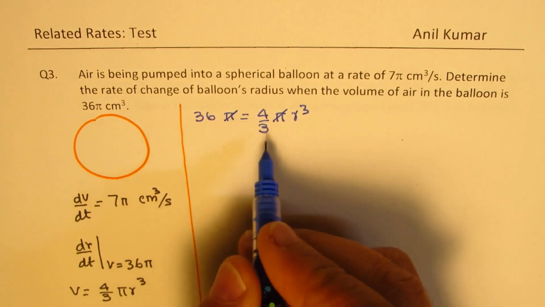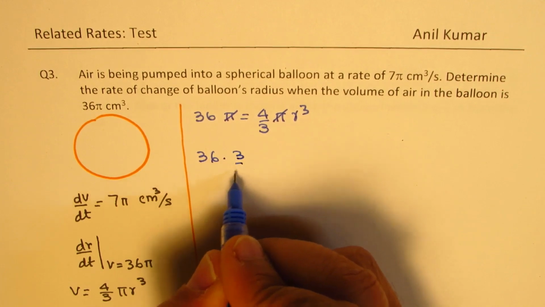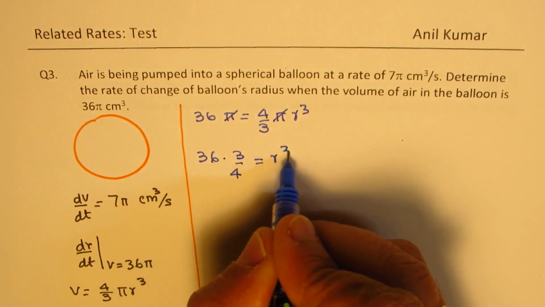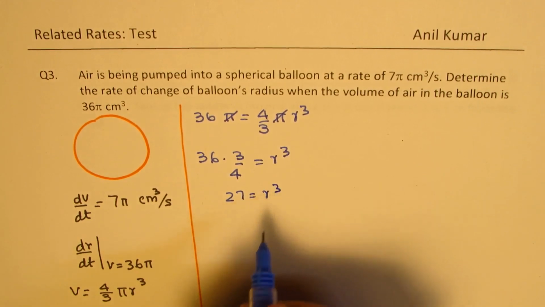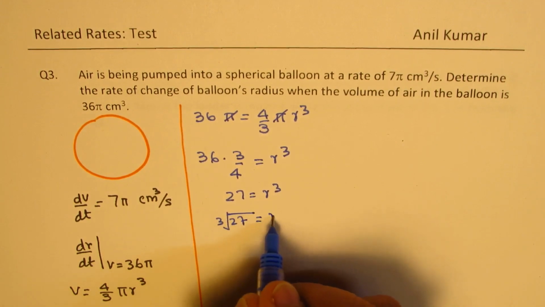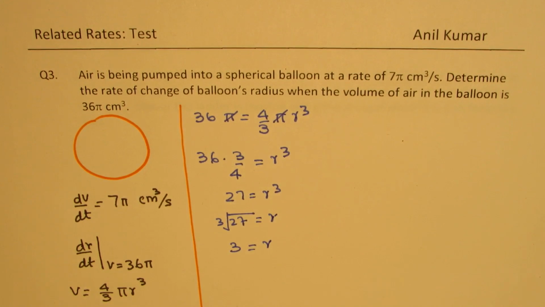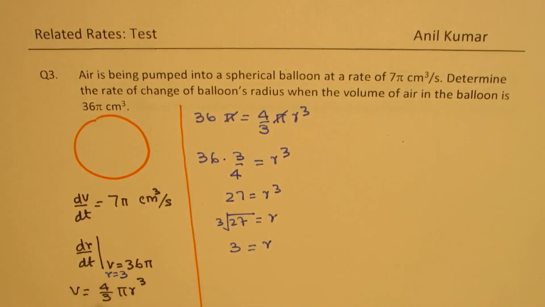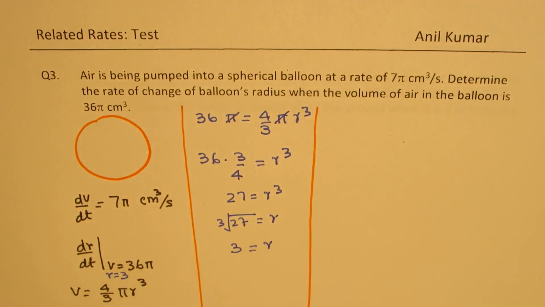So pi and pi cancel, and let's multiply this. We have 36 times 3 over 4 is r cube. So we get 9 times 3, which is 27, is r cube. So cube root of 27, which is 3, will become r, right? So r is equal to 3. Okay. So basically at this time we now have worked out that r is equal to 3 units. Now we can continue and then find the solution. Okay. So that is sometimes required.